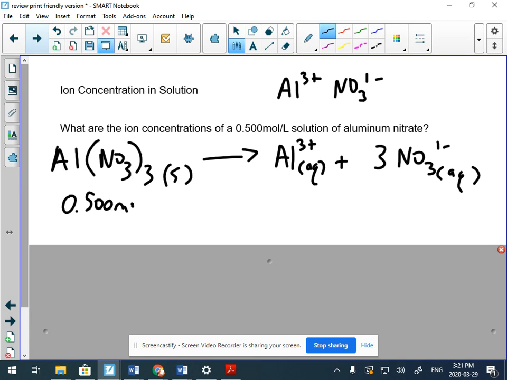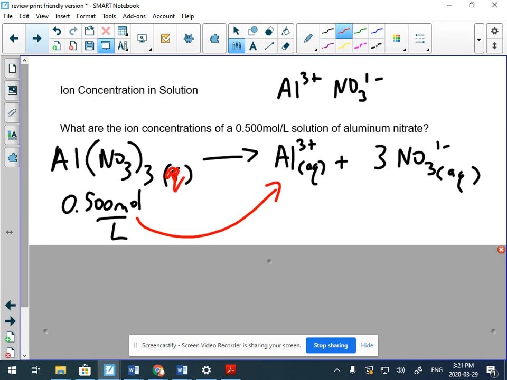0.5 moles per liter. Now, you remember that times by where you're going, divide by where you've been? Where have you come from? Where'd you go? Where have you come from? Avogadro, right? There's a joke we made in IB. So if we wanted to figure out the concentration of the aluminum ion, let's just change this to aqueous.